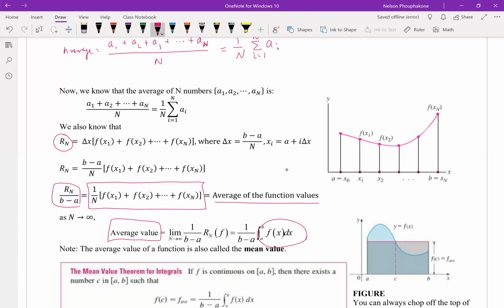Sometimes we also call this the mean value.